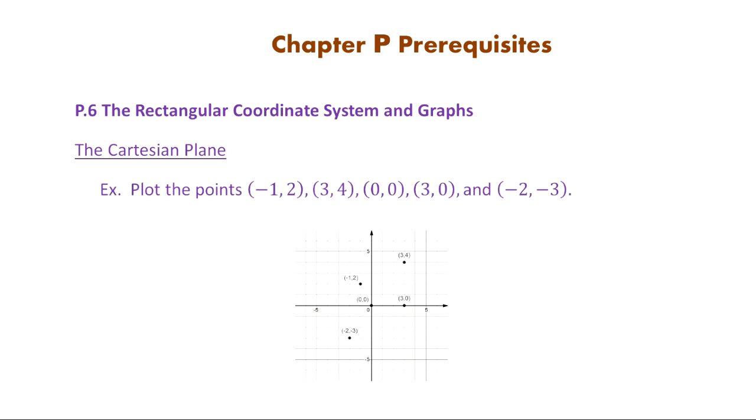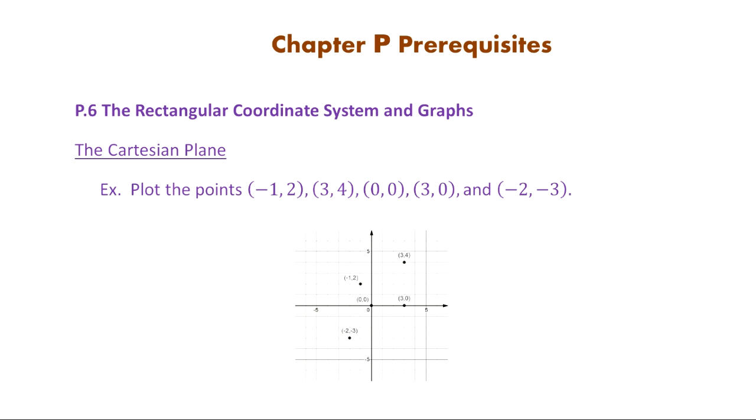-1, 2, for example. You move from the origin left 1 unit and then up 2 units to get the point -1, 2. For the point 3, 4, you start from the origin, move 3 to the right, and then move up 4 units.